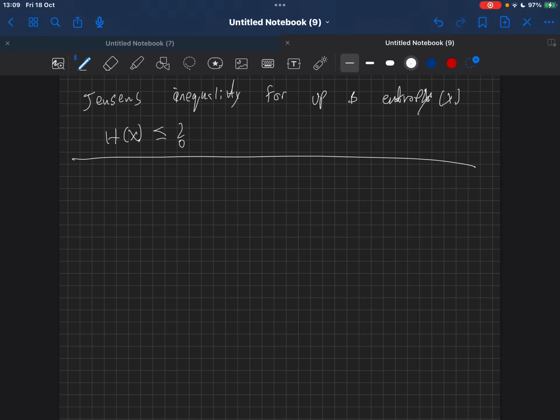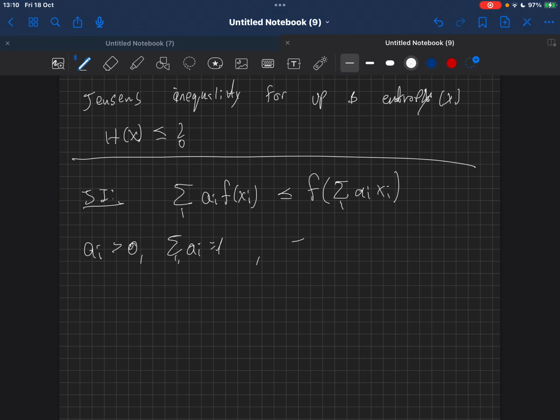Jensen's inequality states that if I take the sum over a_i f of x_i, it is less than or equal to f of the sum of a_i x_i inside, when a_i is greater than 0 and the sum of a_i is 1, and we are talking about a range of i, and f is concave.